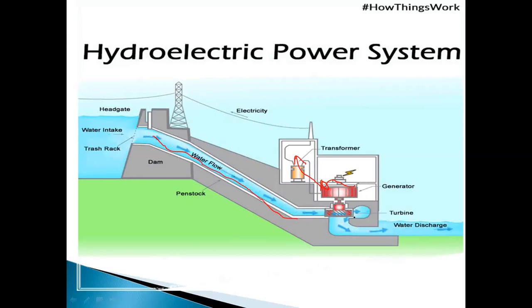So this water is usable again. That water discharge can be collected again at the back, or it can be used for irrigation or for homes, because that is fresh water.